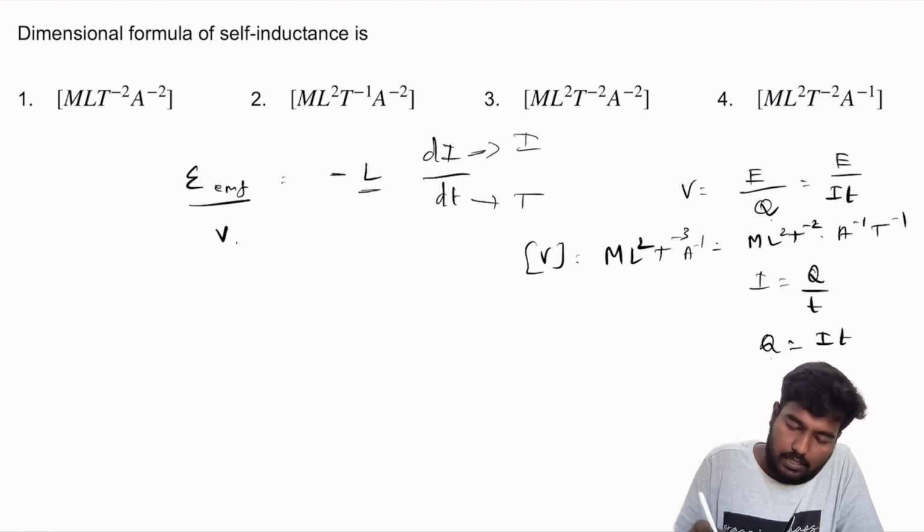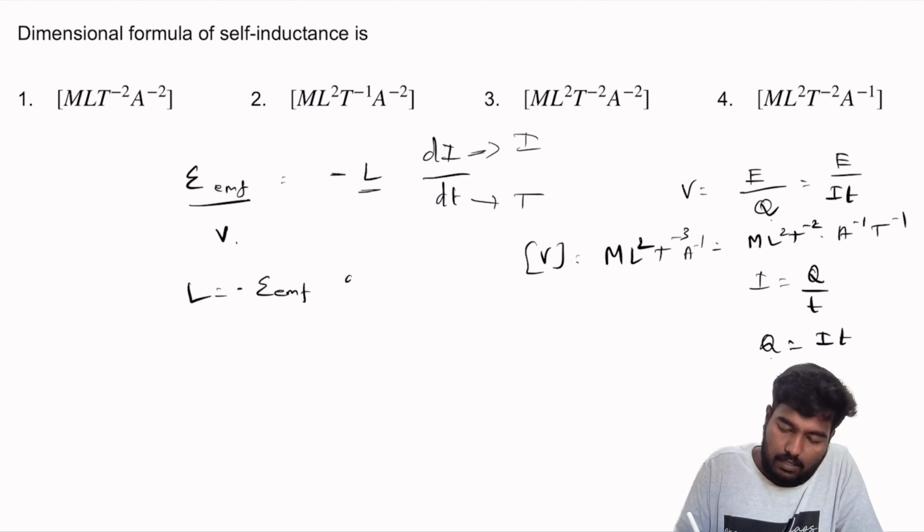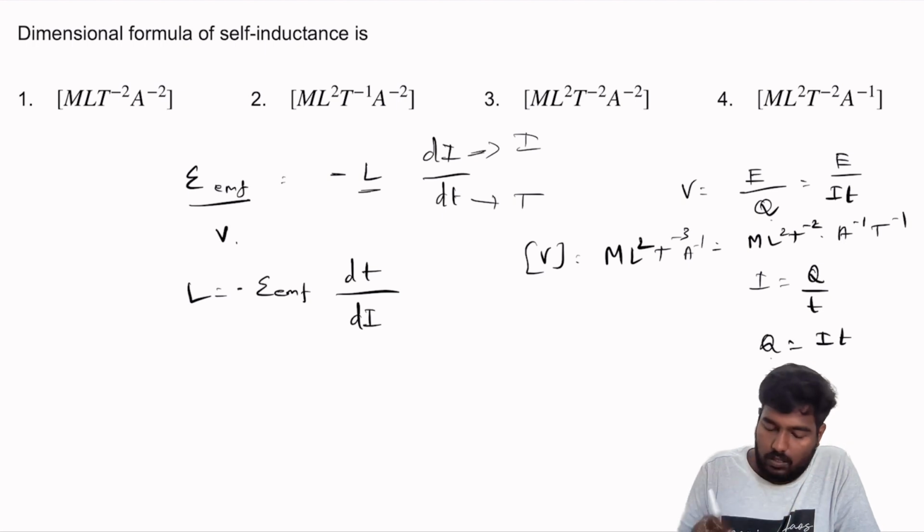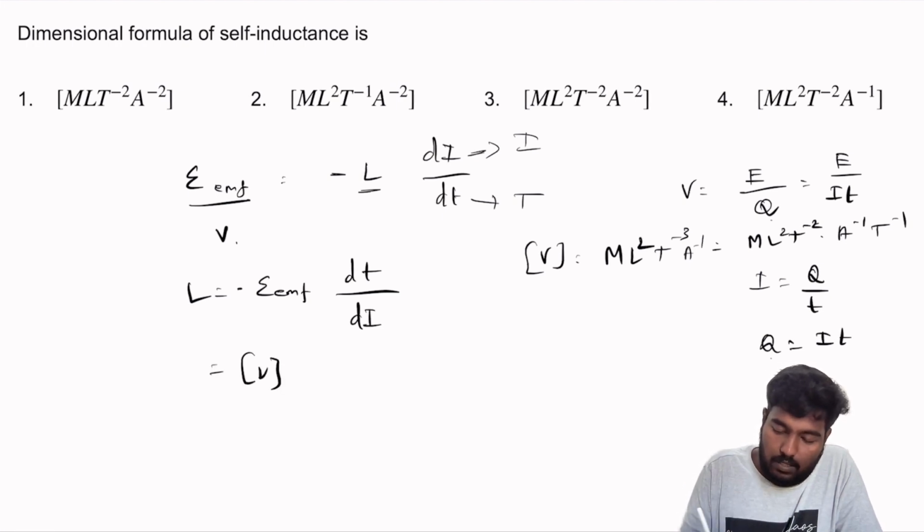So I just rewrite this equation for L. L is EMF times dt divided by di. This is the dimension of voltage, this is time, and this is the dimension of current.